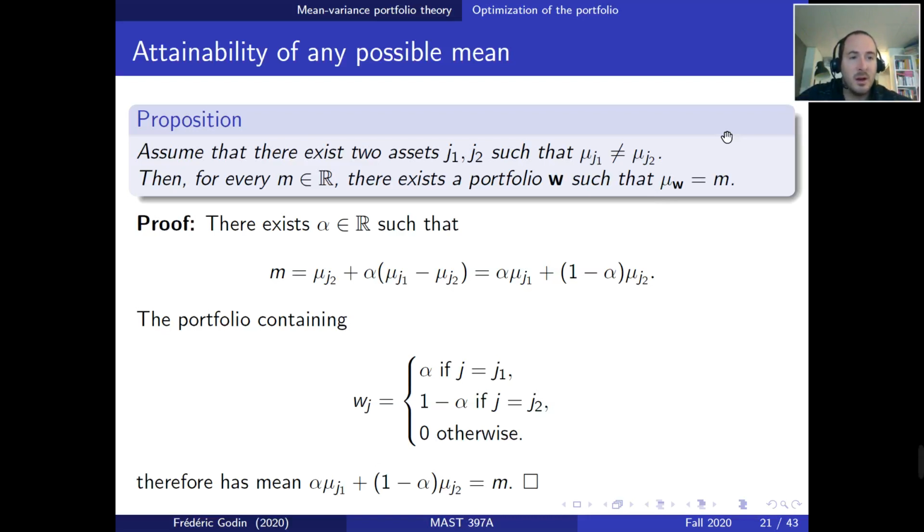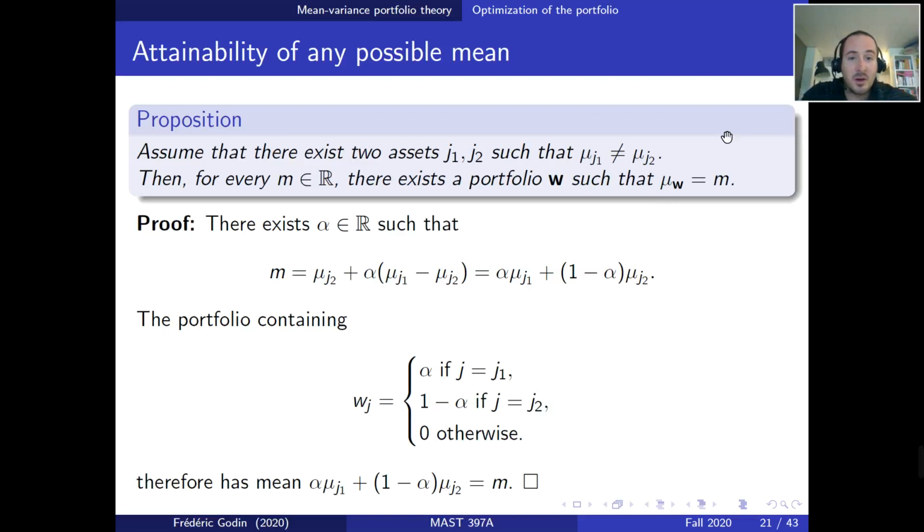So in this video we're going to define the problem and solve it, but before that we're going to present some auxiliary results which we'll need to make sure the problem we propose makes sense.